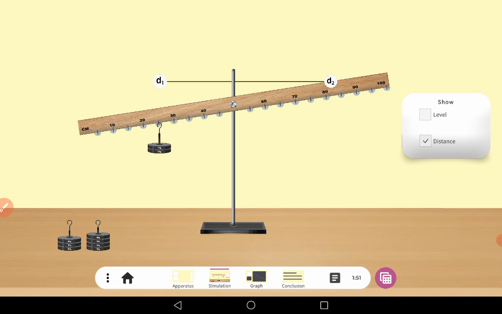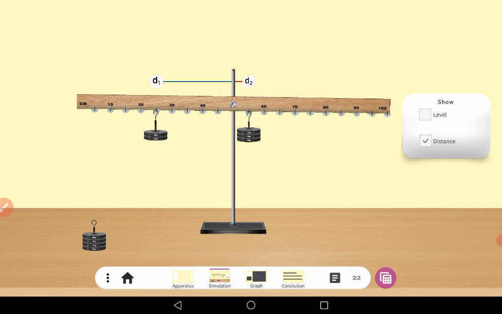So the question is, how much mass do we need in order to balance this? You try to put mass there, and you see it's balanced.